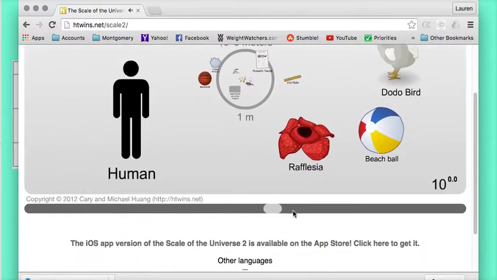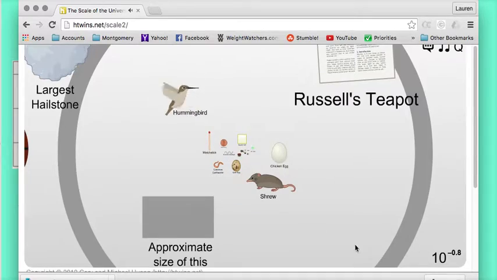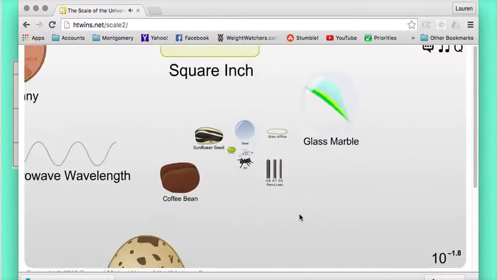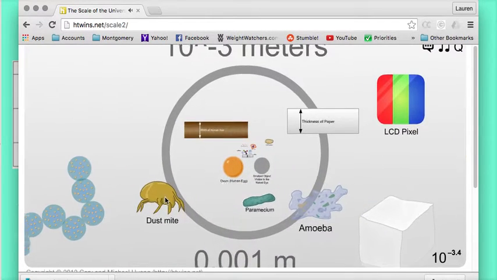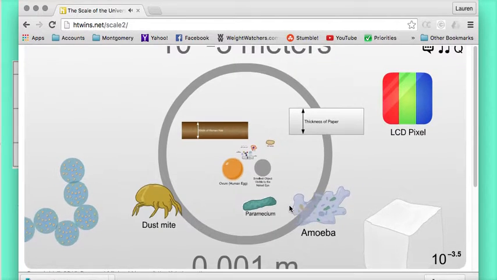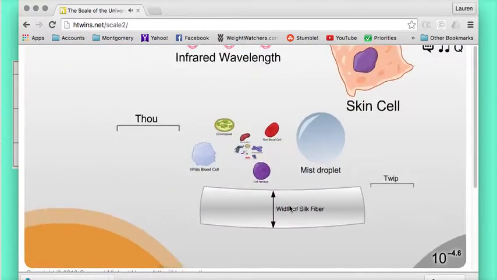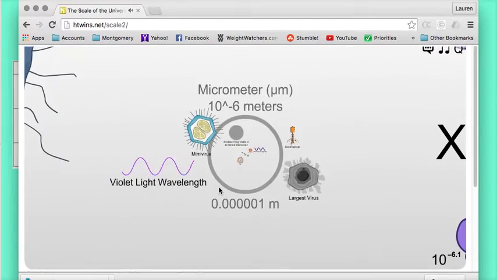If you zoom in to get a little bit smaller, at 10 to the negative 3, at the size of a millimeter, we're looking at the thickness of a piece of paper or a dust mite, smaller than an LCD pixel. If we go even smaller, now we're at 10 to the negative 6. That's the wavelength of violet light. That's the size of the largest virus in existence.